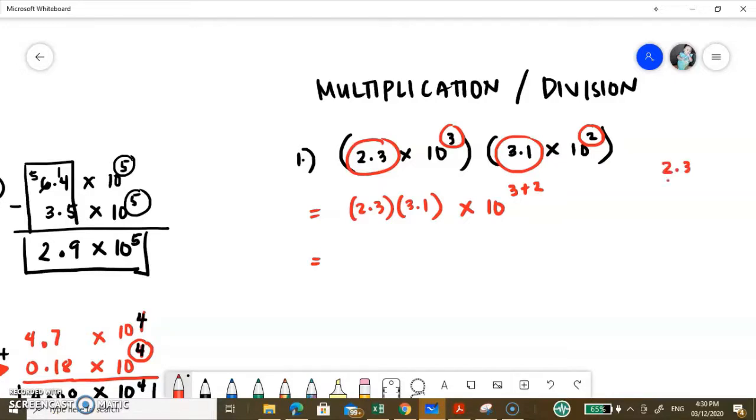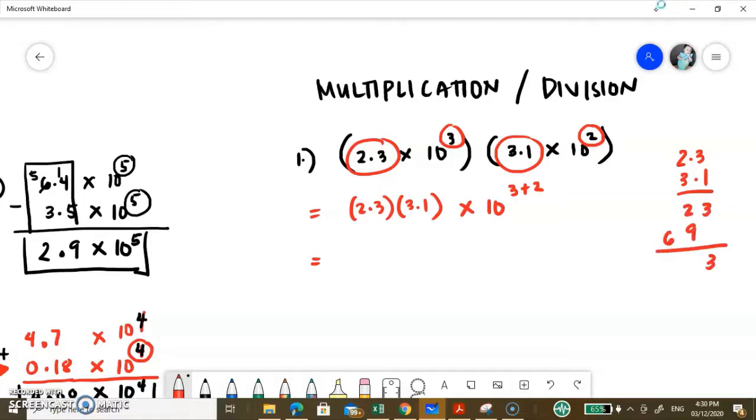Para mag-multiply lang din ng ordinary numbers or ng whole numbers, pero yung huling answer nyo ay gagalaw kayo ng 2 decimal places, right? Papunta sa left kasi bibilangin nyo yung total na decimal places dyan. Okay? So, it would be 2.3 times 3.1, that would be 1 times 3 is 3, 1 times 2 is 2, 3 times 3 is 9, 3 times 2 is 6.